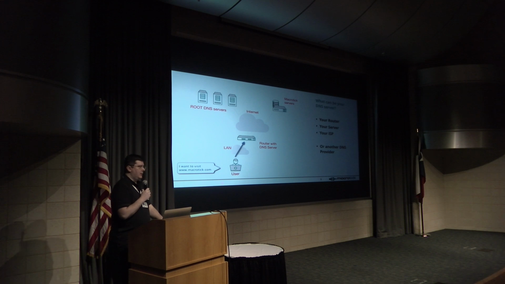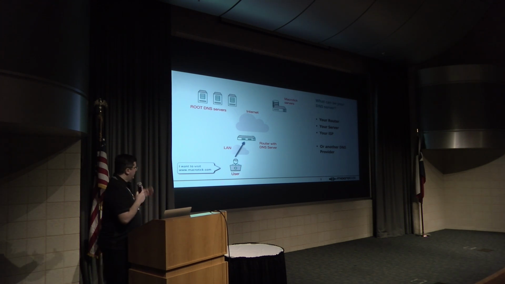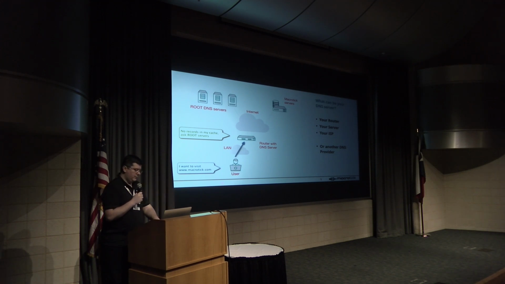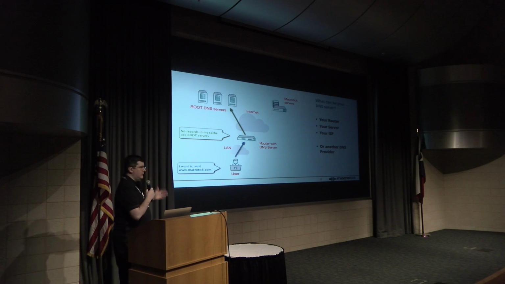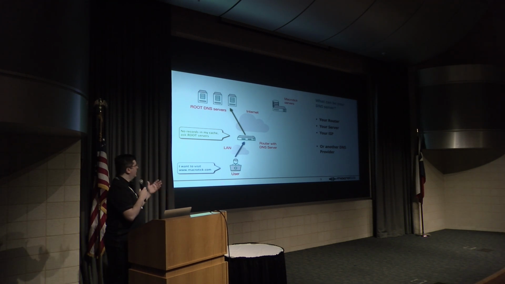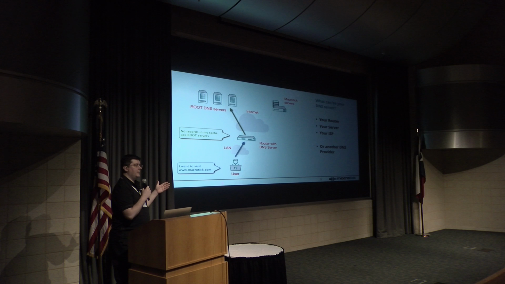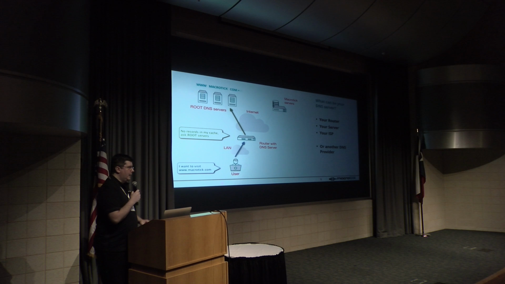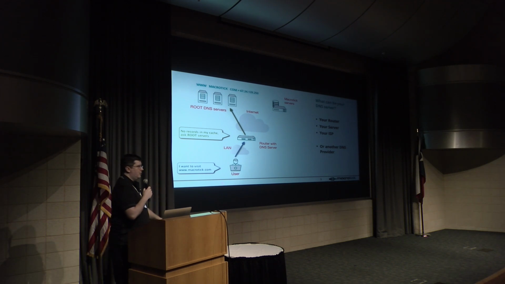So if you're requesting the website, it will be a lightning fast response if there is already a record in memory of the IP address of the website. But in this case, there is no cache, so the router will then try to resolve that URL, and it will send the request through multiple DNS servers, starting from the root, then to dot com, and then the name server for the domain name, which usually you set up when you register the domain, and then finally to the DNS server that holds the records and resolves www.mikrotik.com to the IP address.